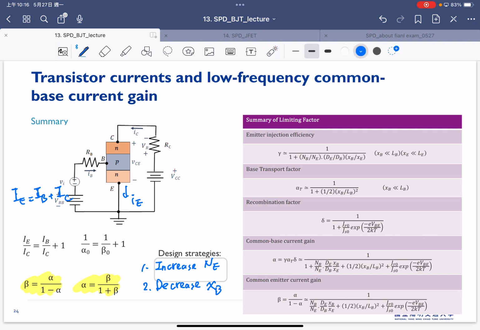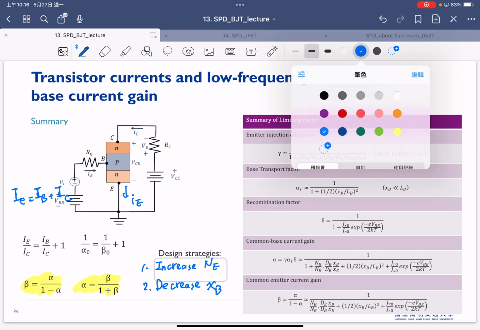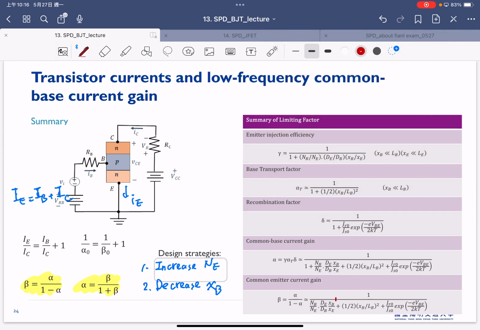Basically, you can see from here, if you decrease your base width, for sure you can increase your beta, or if you increase this one, you can also increase the beta. So in the end, our goal is to have a way to tell us what kind of design strategy increases the current gain.